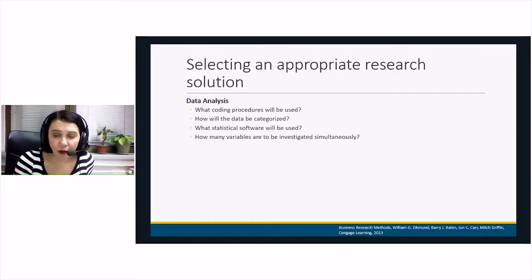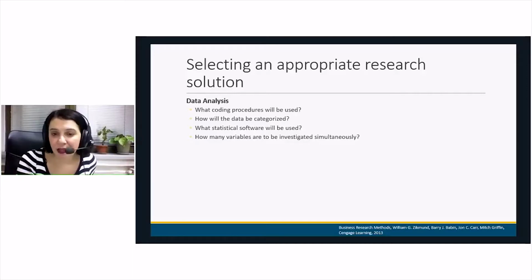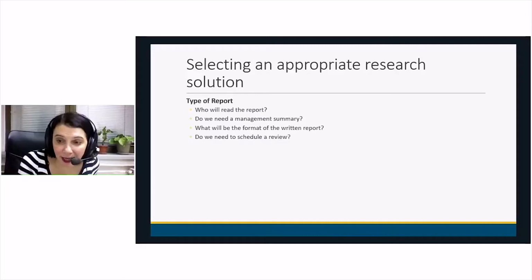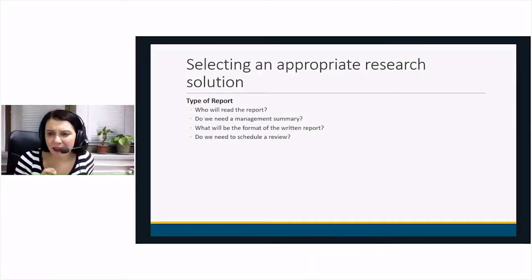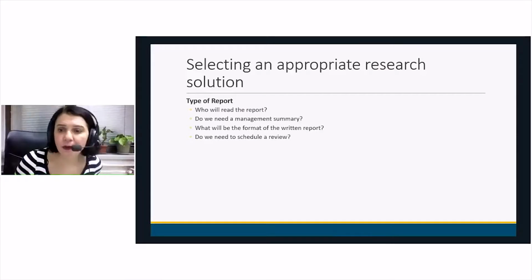So also one of the questions that need to be addressed here is for the researchers to know how the final report would look like, how many variables are we to investigate simultaneously. And everything is leading to the final report. The main thing to know about writing a final report and expecting the final report is who will read the report.